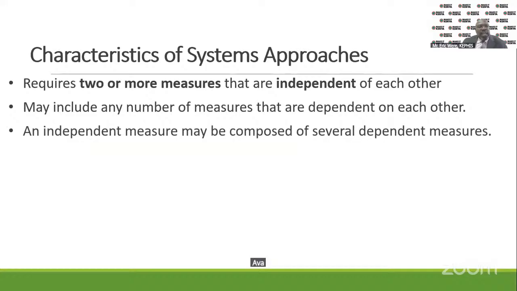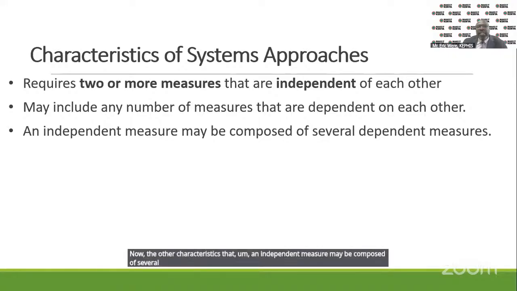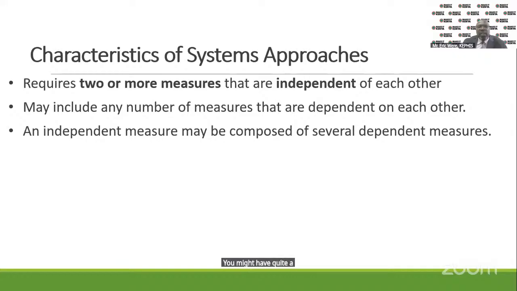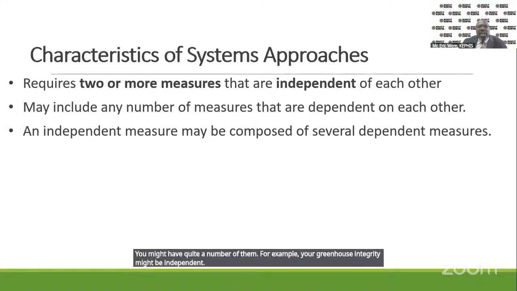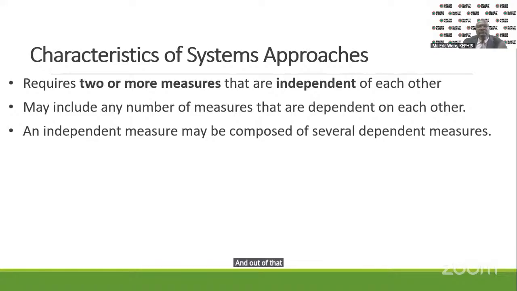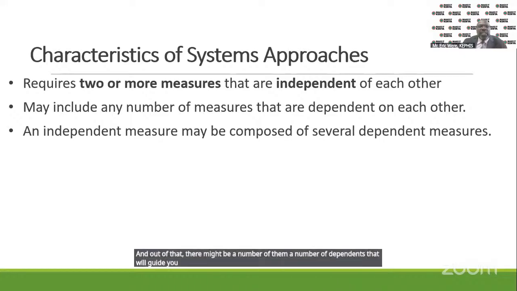Now, the other characteristic is that an independent measure may be composed of several dependent measures. You might have quite a number of them. For example, your greenhouse integrity might be independent, and out of that, there might be a number of dependent measures that will guide you on that particular one.